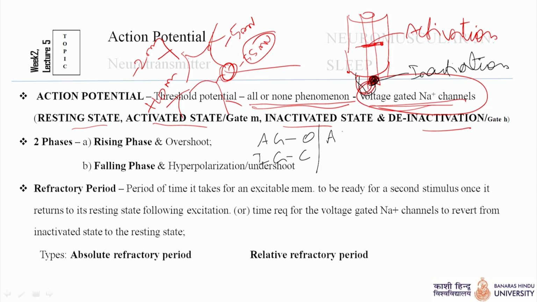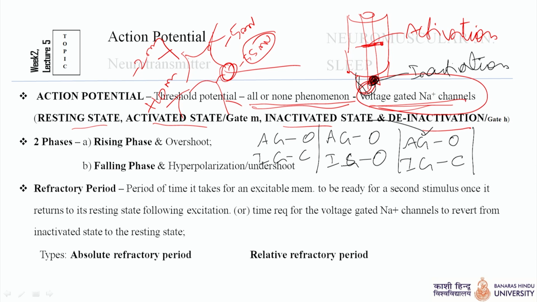Whereas in the activated state, the activation gate is open, and the inactivation gate is also open. Then coming to the inactivated state, the activation gate is open and the inactivation gate is closed.